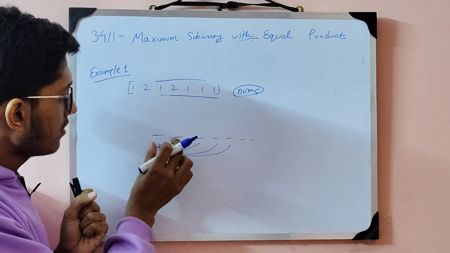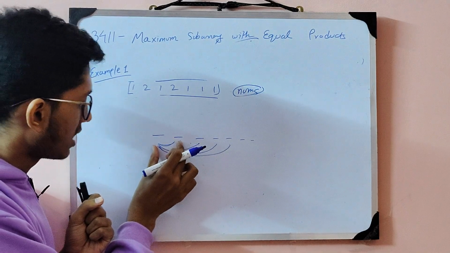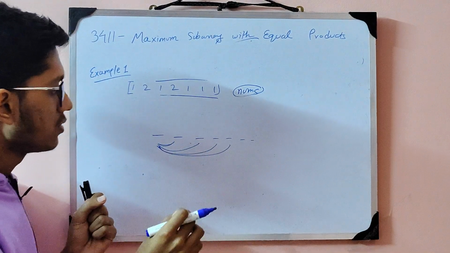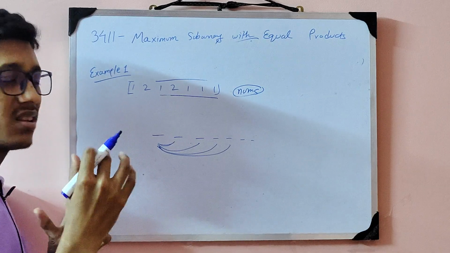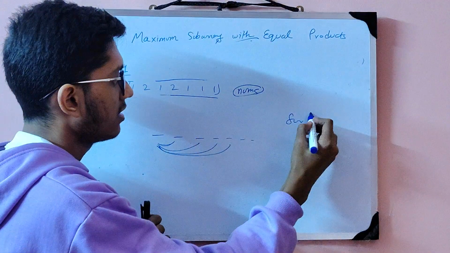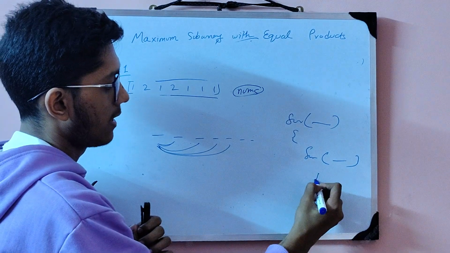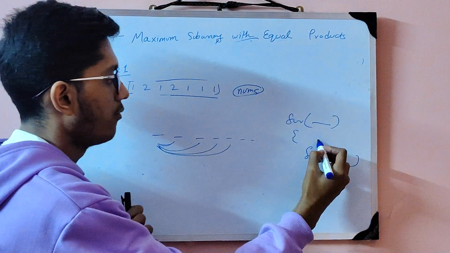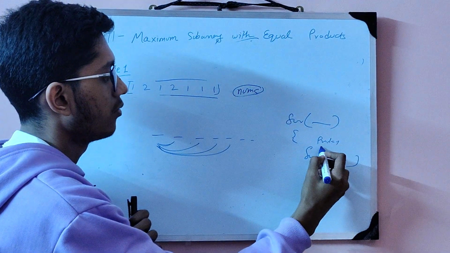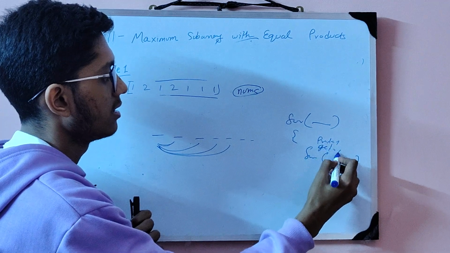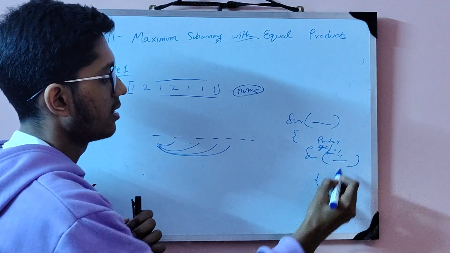As we are starting from this, we first calculate this, then this, then this. So why do we need a third loop? We can make two loops, and we can assign the product here, GCD here, and LCM here.